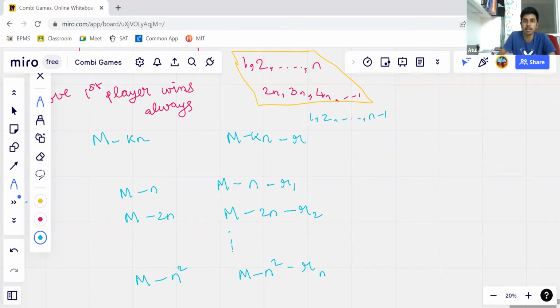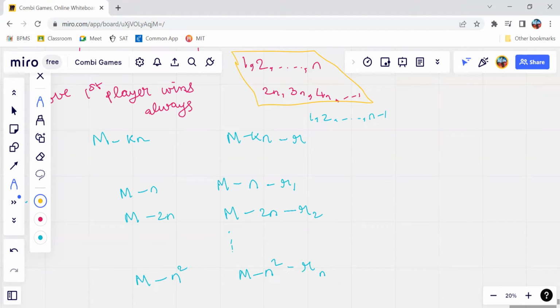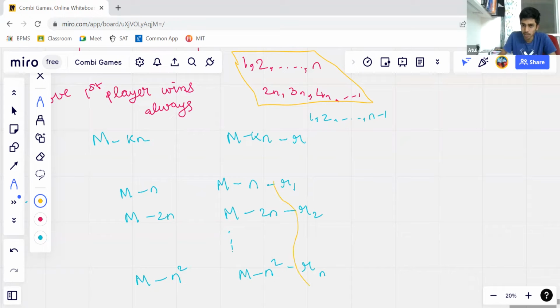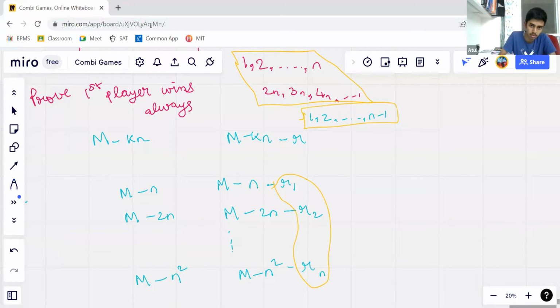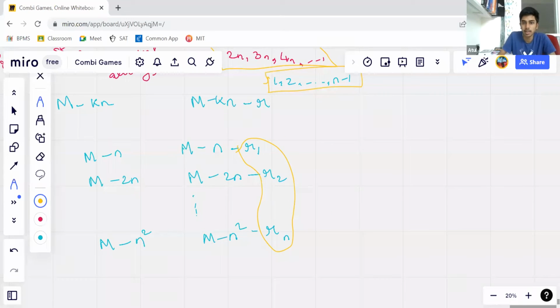And because m is greater than n square, we know that there are at least these many terms. So we have n such values, and they're all between 1 and n minus 1. So this means that there is some i and j such that Ri is equal to Rj.